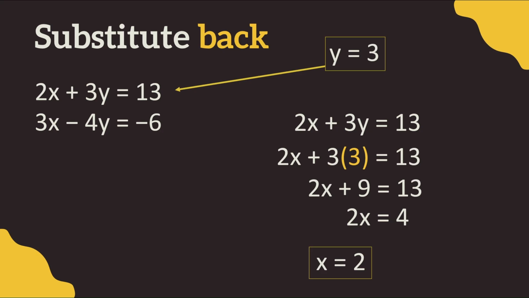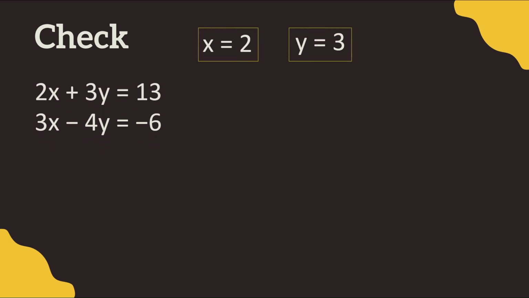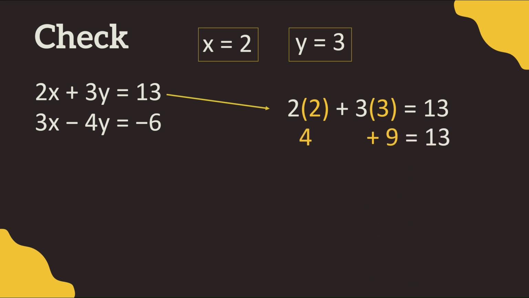But before we finish, let's check our answer by substituting our values back into the original equations. As we progress, we will do this step mentally. For the first equation, 2 multiplied by 2 plus 3 multiplied by 3 equals 13. That's 4 plus 9 equals 13.